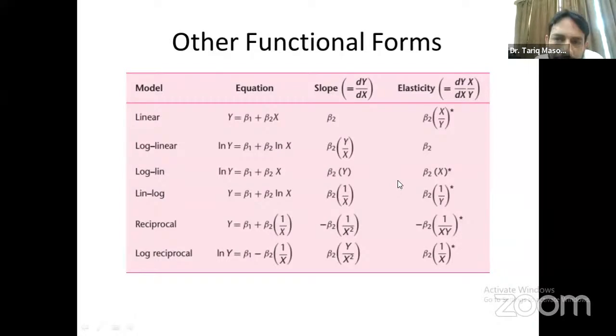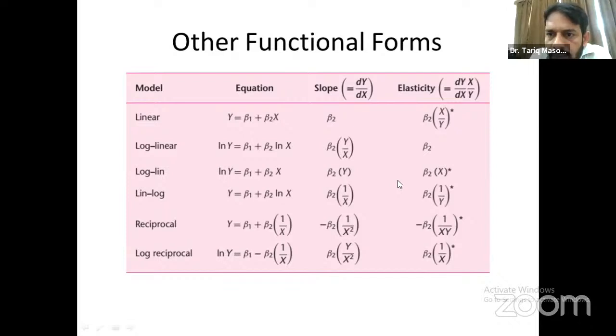So what is dy by dx? What is the meaning of dy by dx? I think you all are aware with the simple calculus. We all know simple calculus. So what is the meaning of that? Because beta 2 is basically dy by dx.